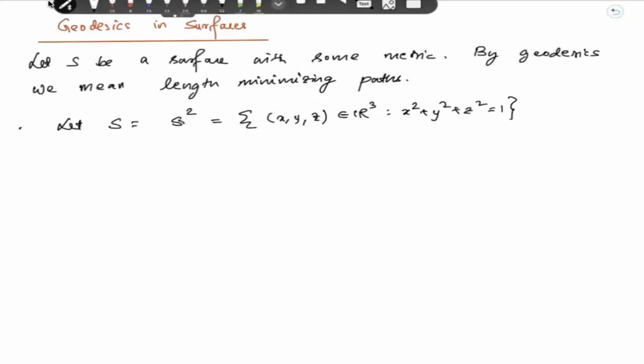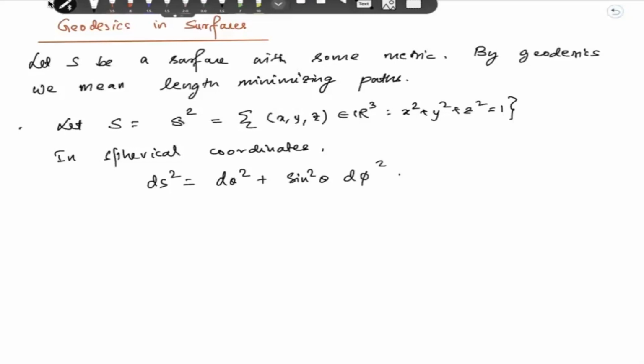In spherical coordinates, you can write the Riemannian metric as follows. dA square, the square of the line element, is equal to d theta square plus sine square theta d phi square.